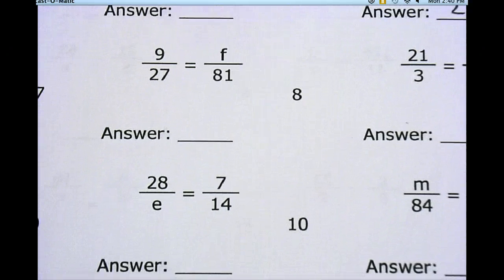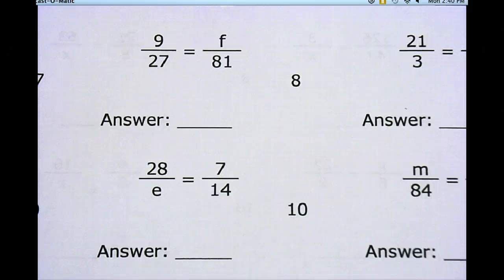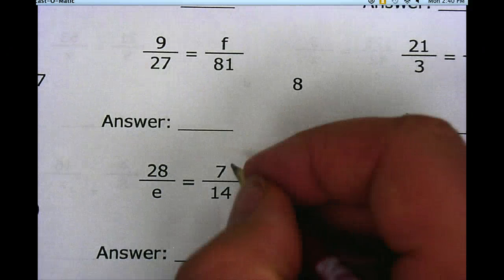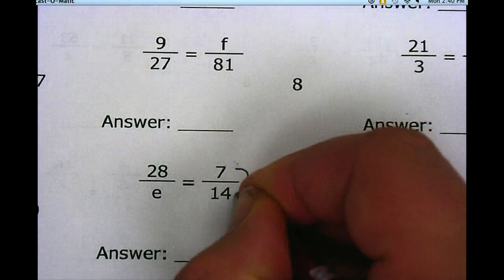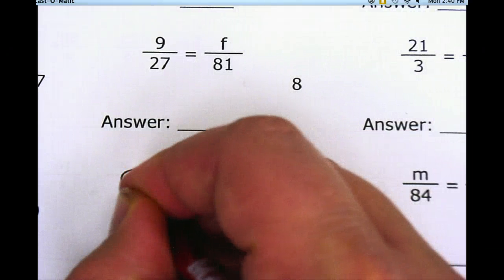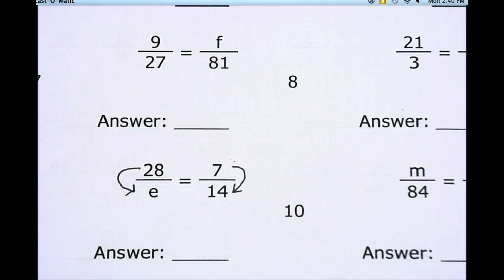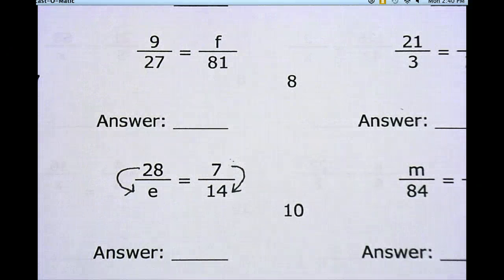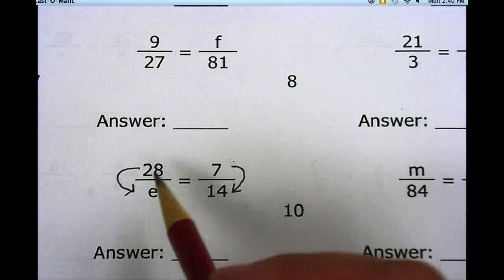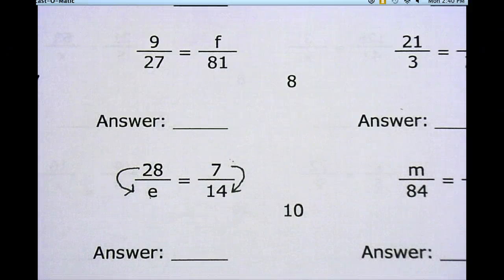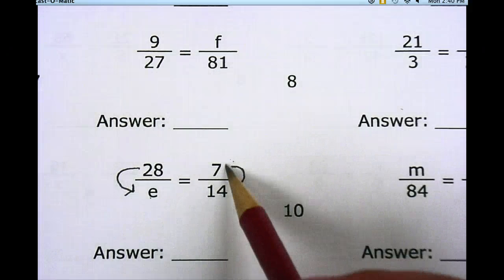Let's see what else I have here. I'm going to try a different one. Okay, now sometimes I can also go up and down. I call this up and down because I'm looking at the relationship between the numbers that are on top of each other like that. And I draw my arrows so it's going towards my variable, and I look at the relationship between 7 and 14.